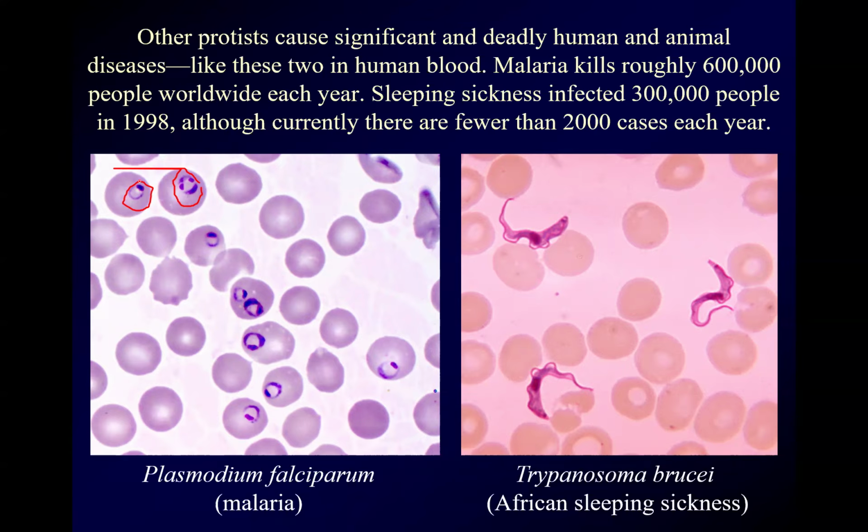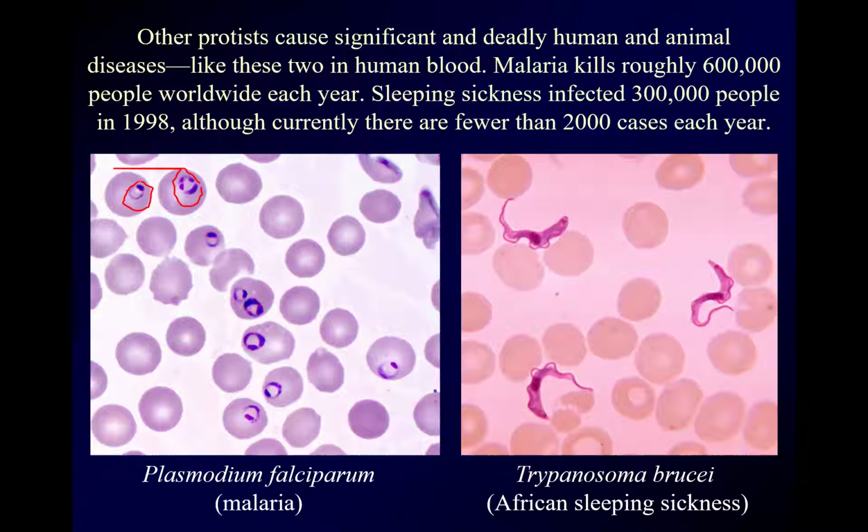Those rings are a protist called Plasmodium falciparum. That causes a disease called malaria. And malaria is no longer much of a risk in Arkansas, although it used to be until into the 20th century. People would get it here. But it still kills roughly 600,000 people worldwide each year.